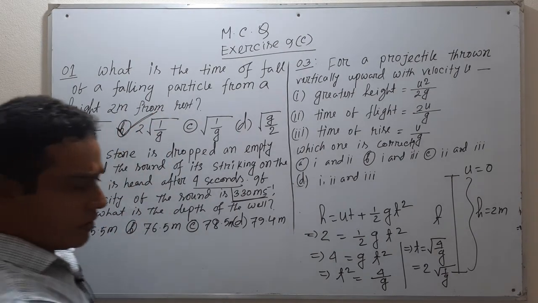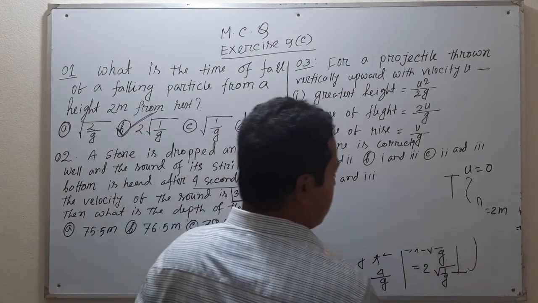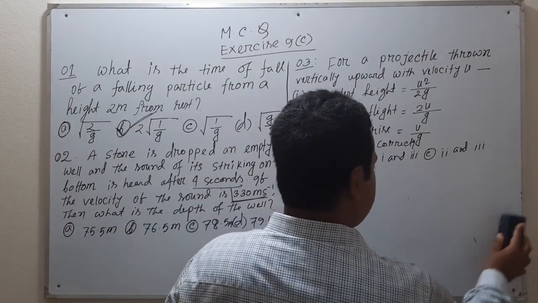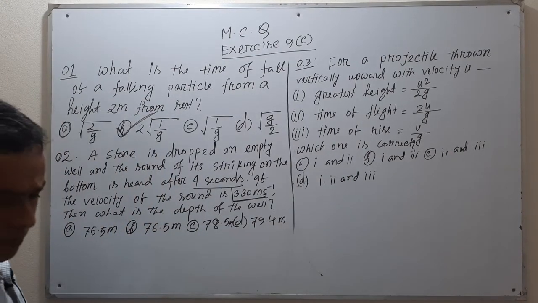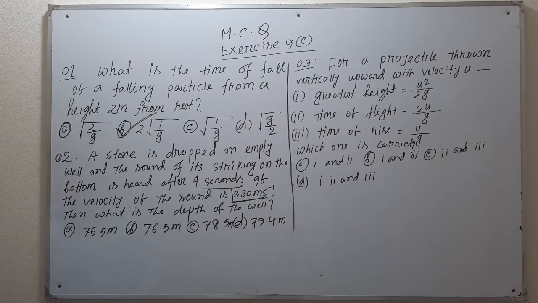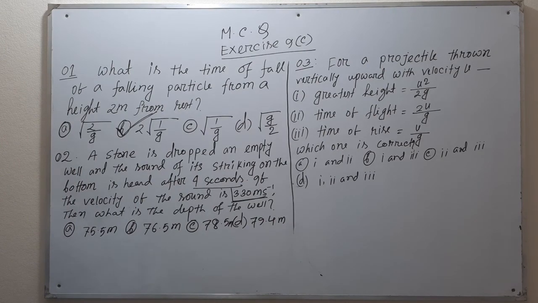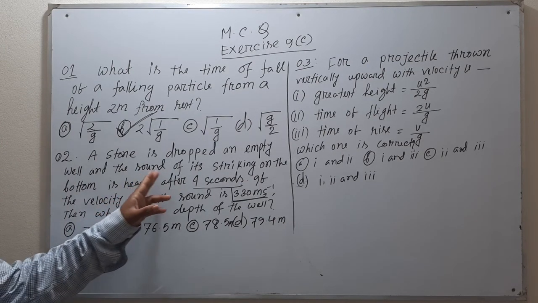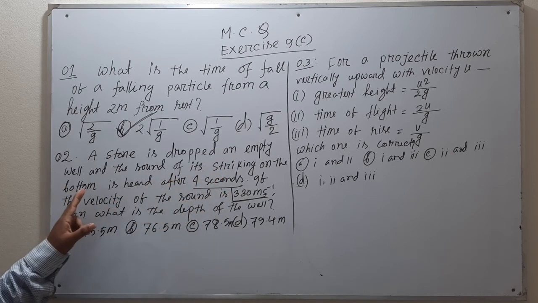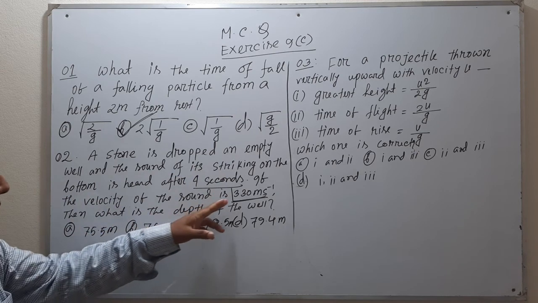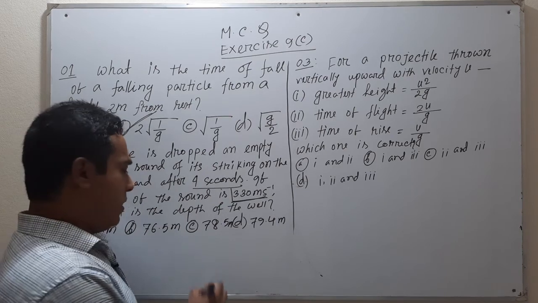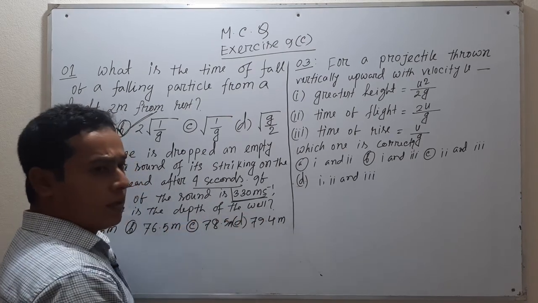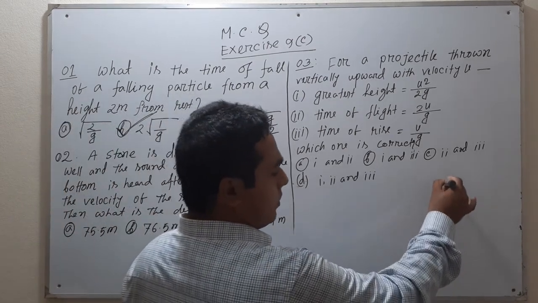Now question number 2. A stone is dropped in an empty well and the sound of its striking on the bottom is heard after 4 seconds. If the velocity of the sound is 330 meter per second, then what is the depth of the well? My dear students, just think, this is the depth of a well.